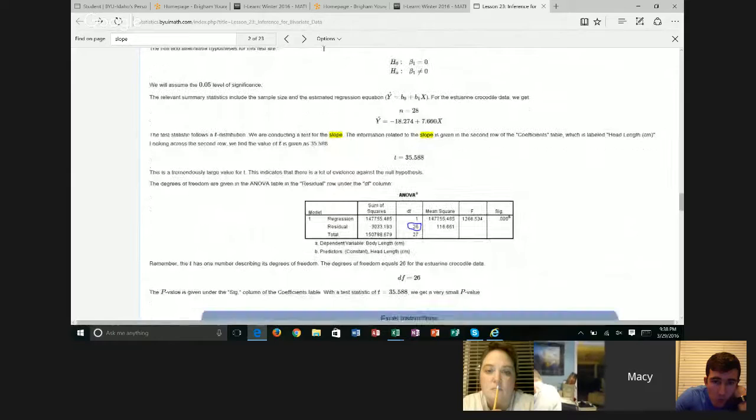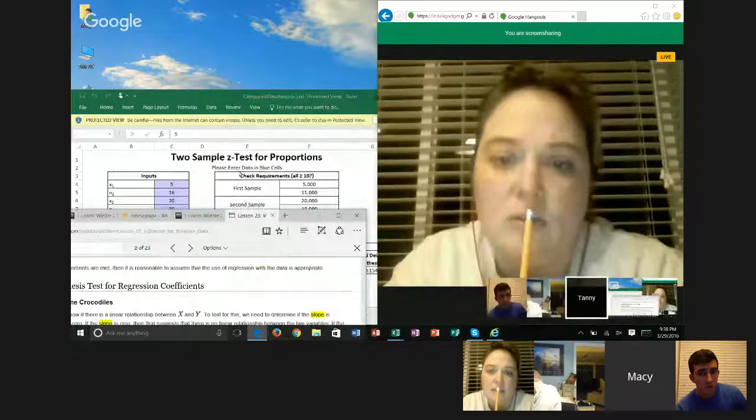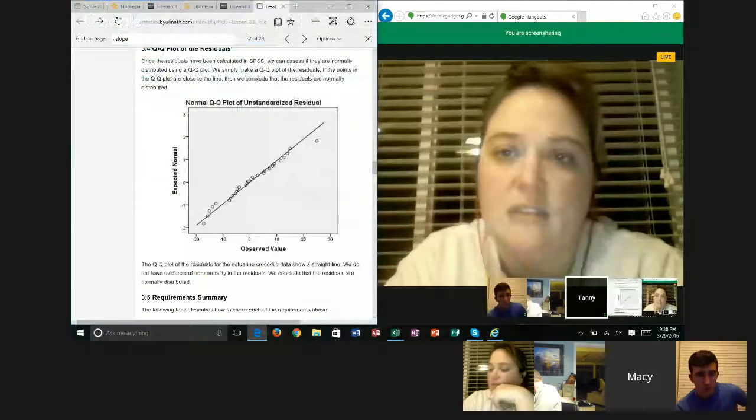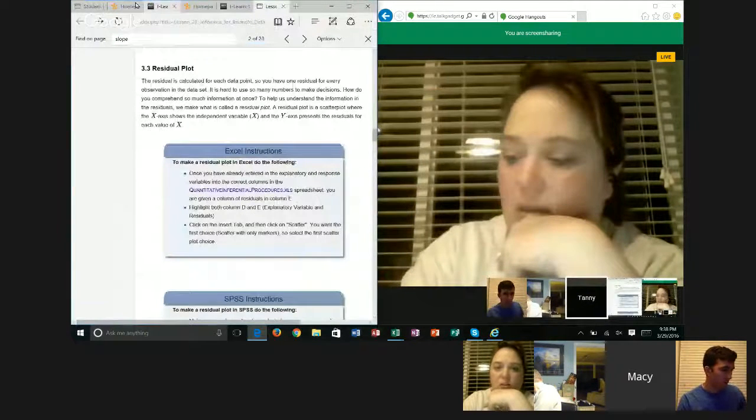So, clicking across the second row, we'll find the value of t, which is given. T equals 35.5. I don't know if that's helping or just confusing us more. So T is going to be different. I know T is not the slope. I understand what they're saying, that we're going to use the B in the coefficients part.